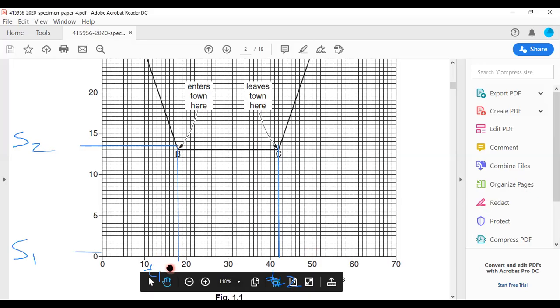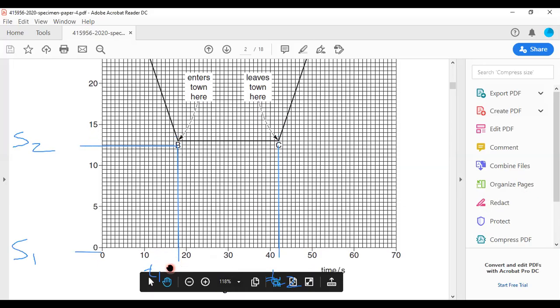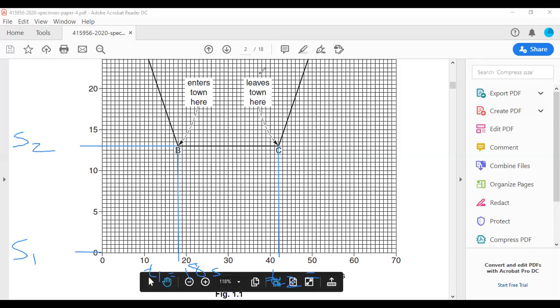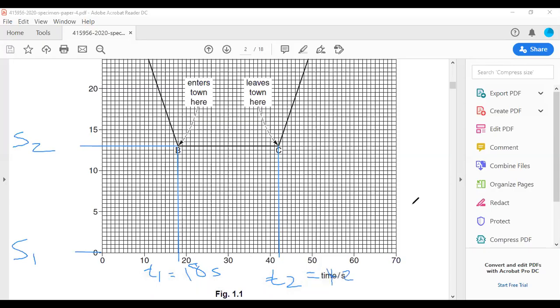So your T1 is basically 18 seconds, and your T2 is 40, 41, 42. So T2 is 42 seconds. And S1 is 0 meters per second.